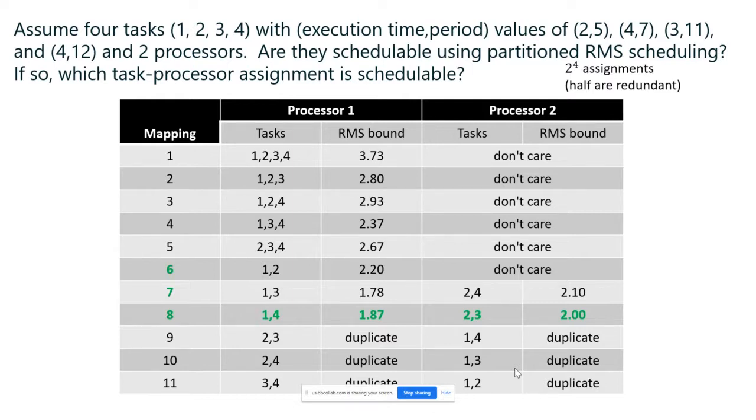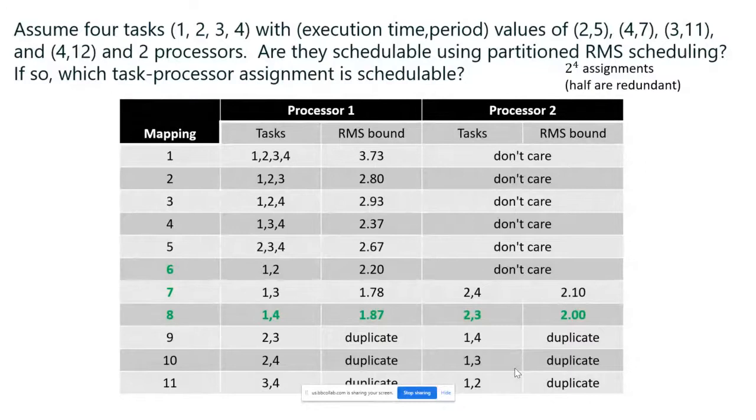So if you take all four tasks and put them on one processor, that doesn't look so good. And even if you just put 3 tasks, there's 4 different ways to assign 3 tasks to a single processor, and all of those have an RMS schedulability value greater than 2. So those don't look so good.